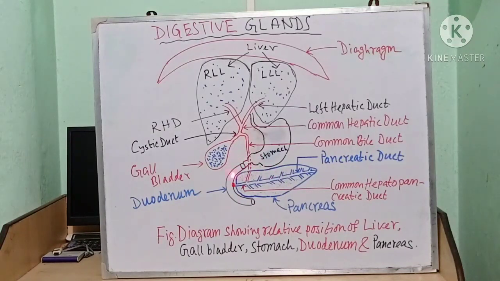As bile neutralizes the acidity of the chyme, these enzymes are activated properly. Okay, do you follow?